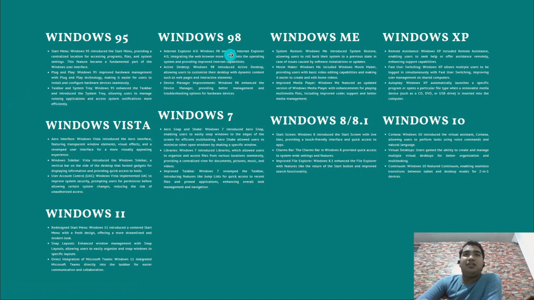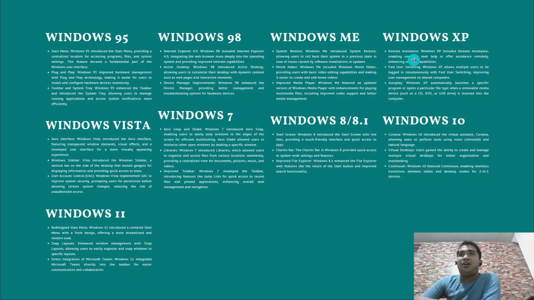Windows 98 added Internet Explorer 4, the active desktop, which allows users to customize their desktop, and device management improvement, which allows for more troubleshooting and better management of hardware devices connected to the computer. Windows Me added System Restore, which you can use to roll the system back to a previous state. Movie Maker, which allows you to make movies or basic video edits, and an improved media player, which can play your media from MP4, MP3, and others.